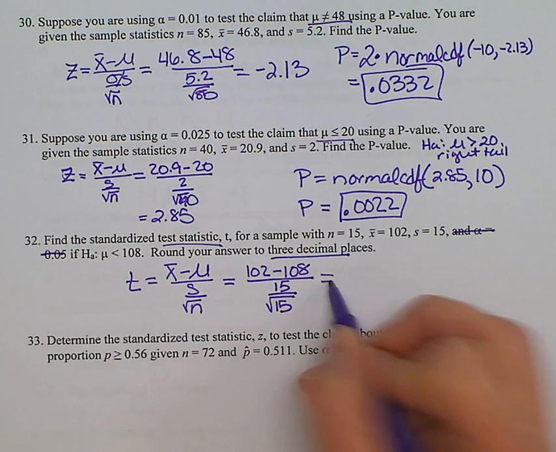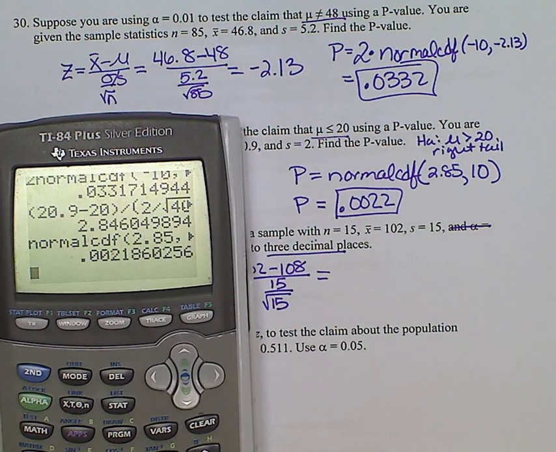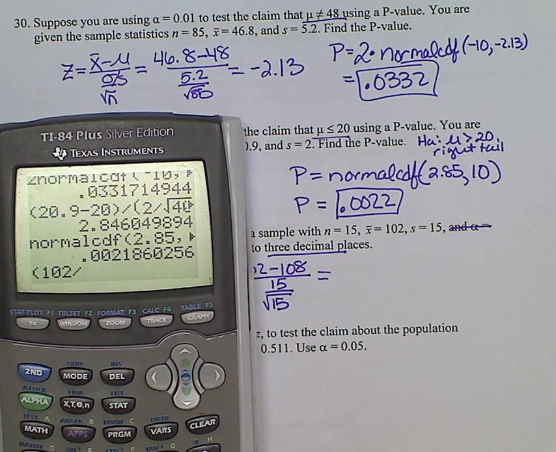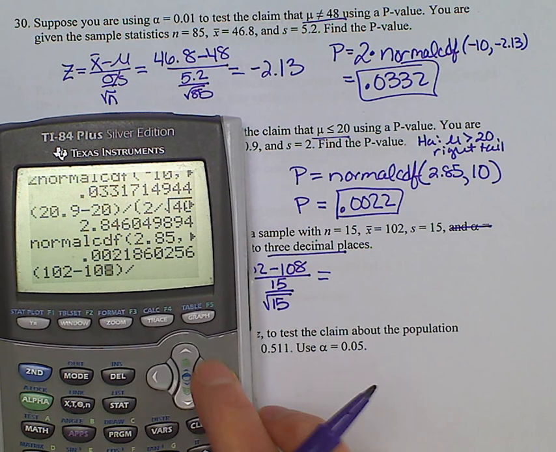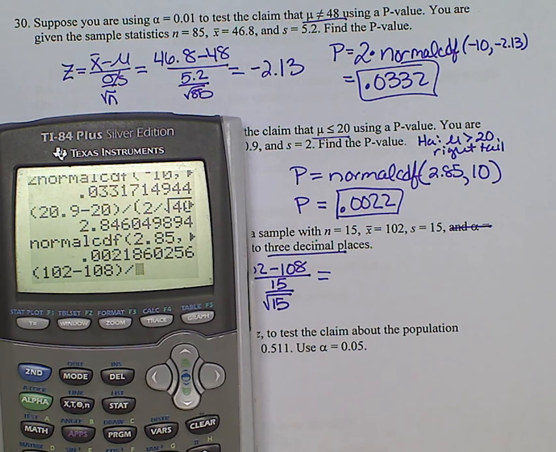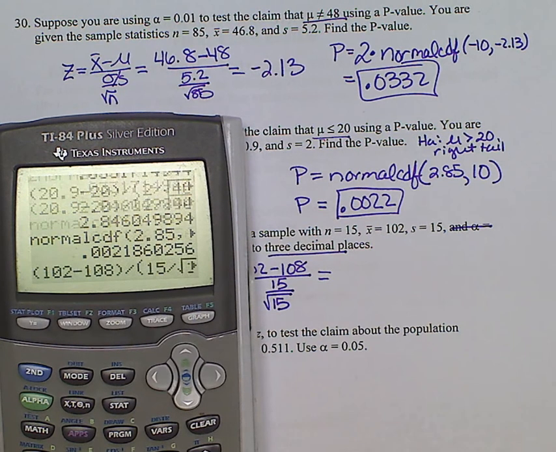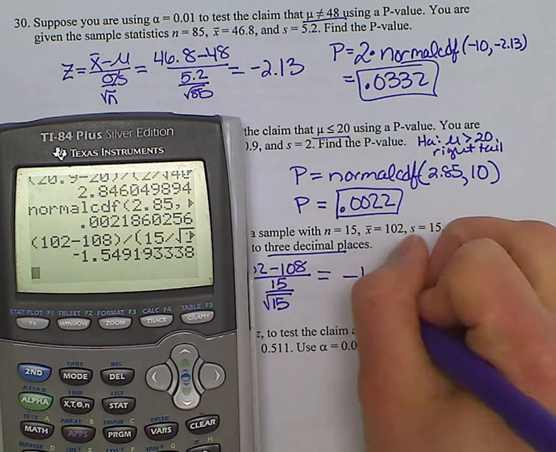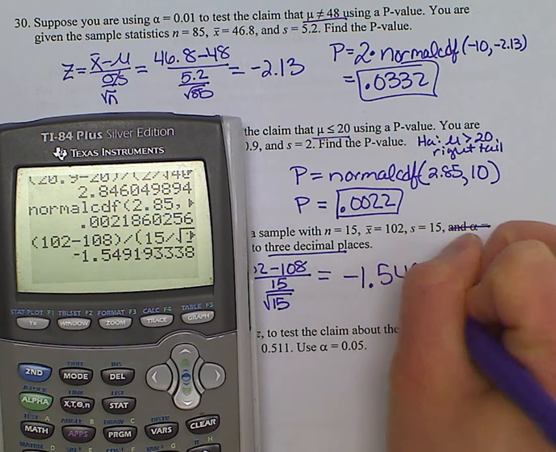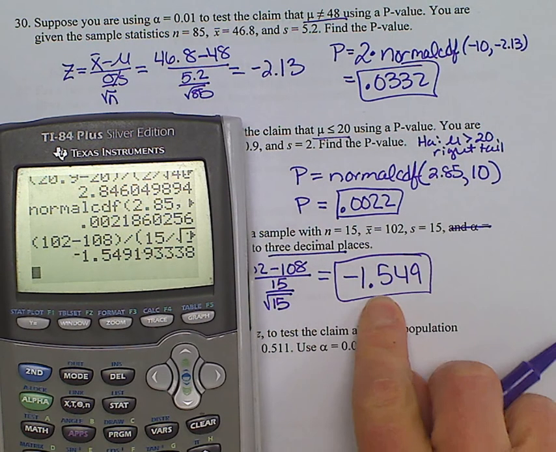So again, be very careful that we use parentheses in our numerator as well as our denominator. Sorry, it's 102 minus 108 divided by 15 divided by the square root of 15. We get negative 1.549. T is rounded to 3 decimal places, and remember Z is 2.